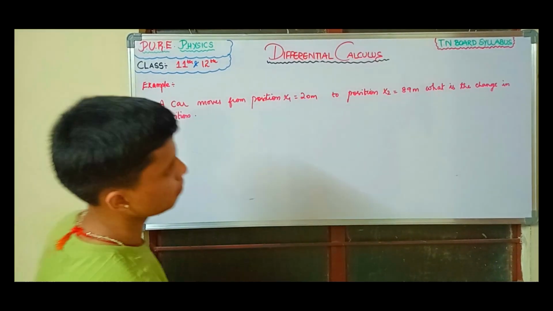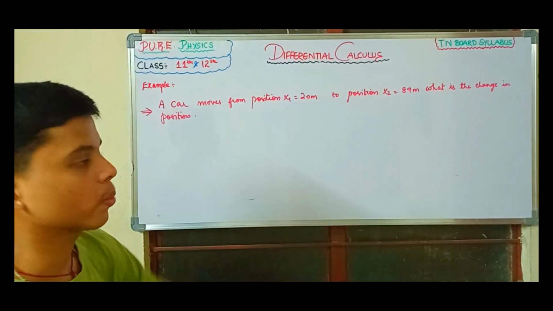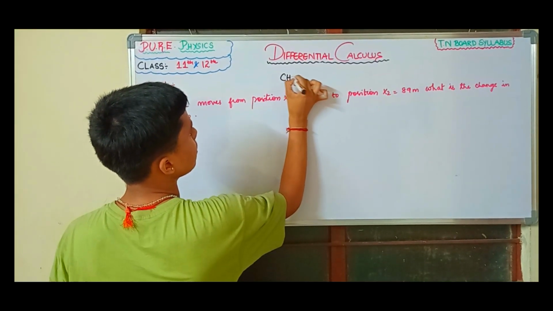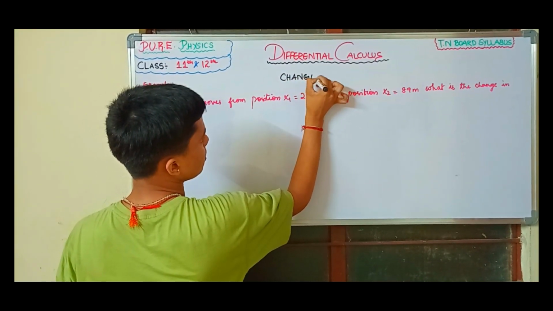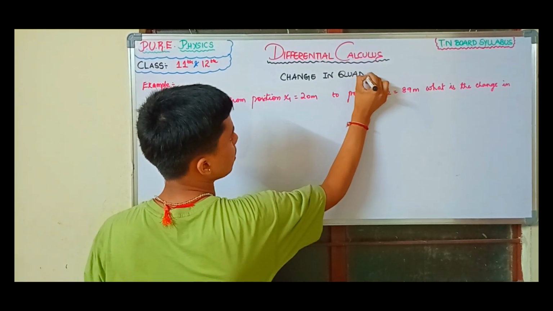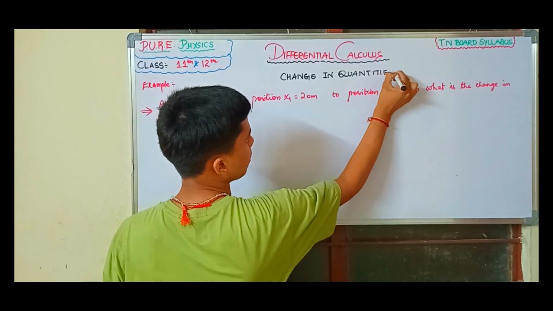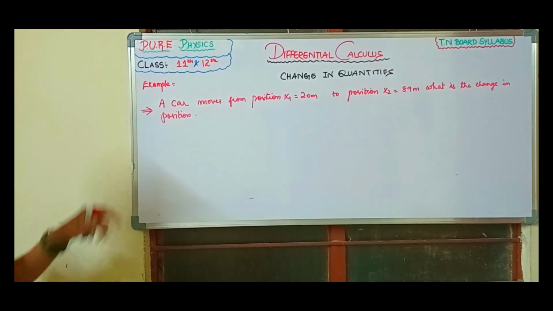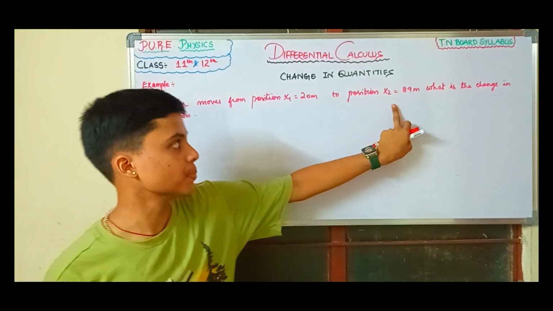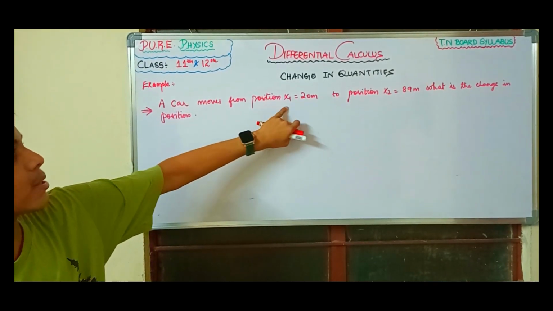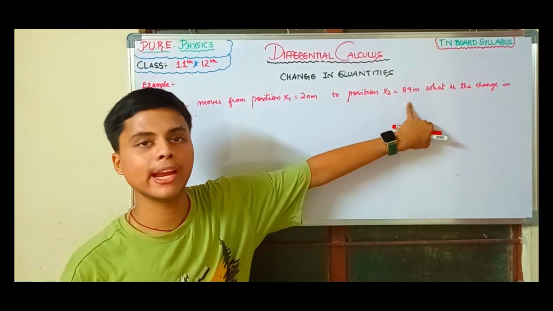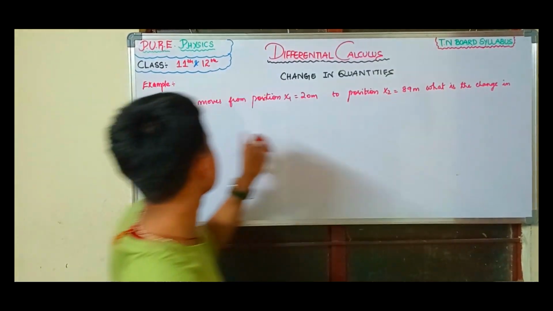Now I have an example related to change in quantities. So the question is, a car moves from position x1 to position x2, and position x1 is at 20 meter, and it moves from 20 meter to 89 meter. Then what is the change in position?